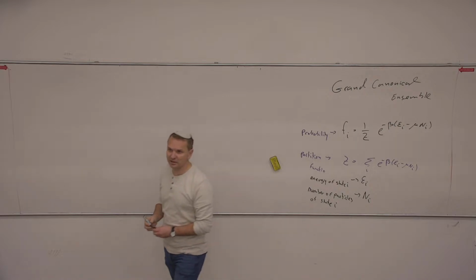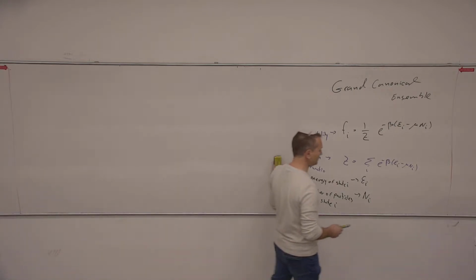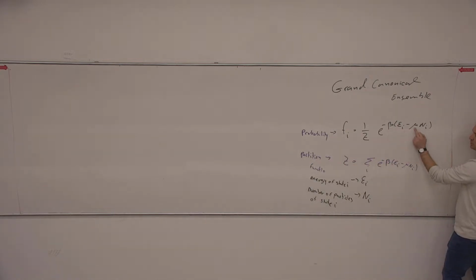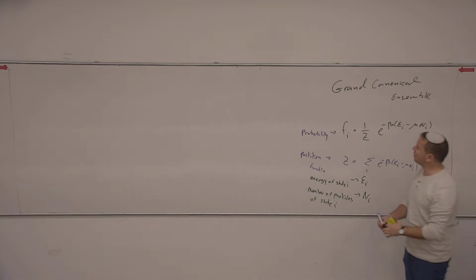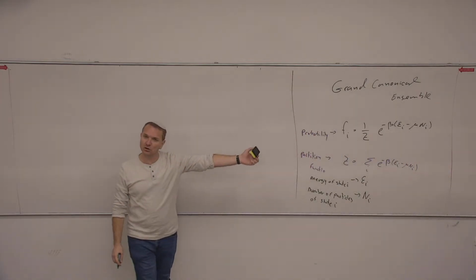This is the microscopical description of the grand canonical ensemble. Temperature defines beta, chemical potential defines mu. The energies and the number of particles for each state are undefined.